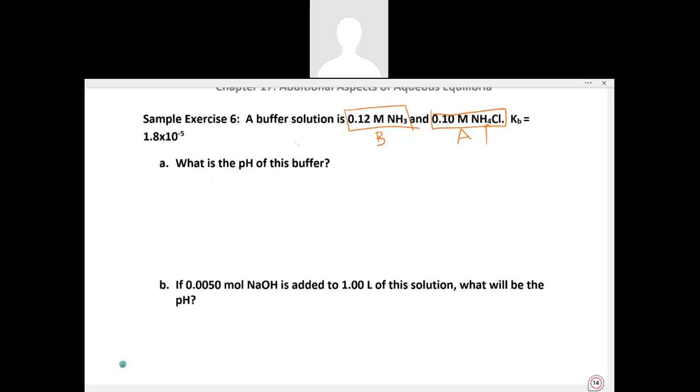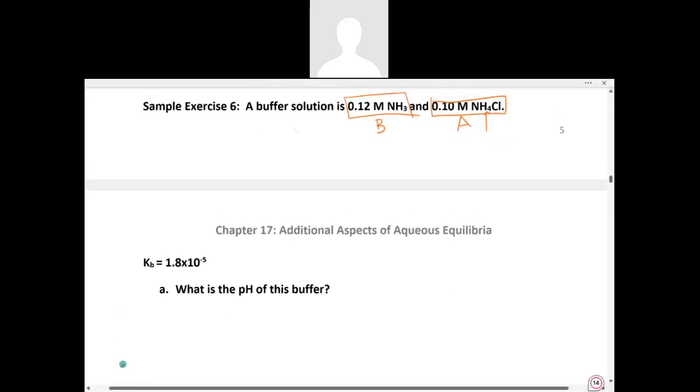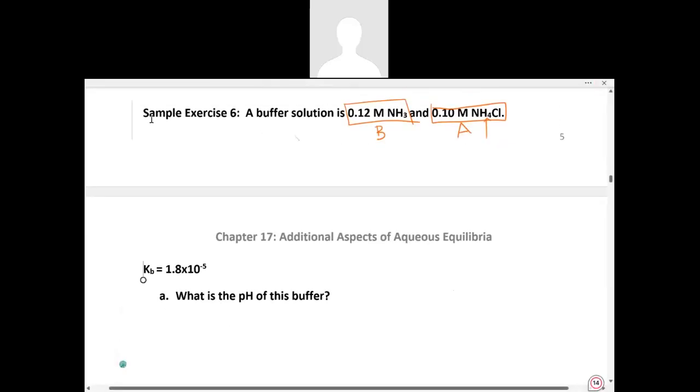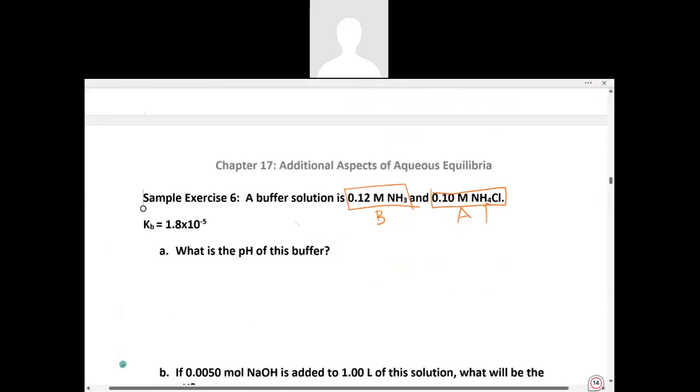So now we have Kb given instead of Ka. So we're used to seeing two concentrations and a Ka value, but we can get to Ka using Kb. We'll put it down here with everything else. So we can find Ka from Kb by using Kw.